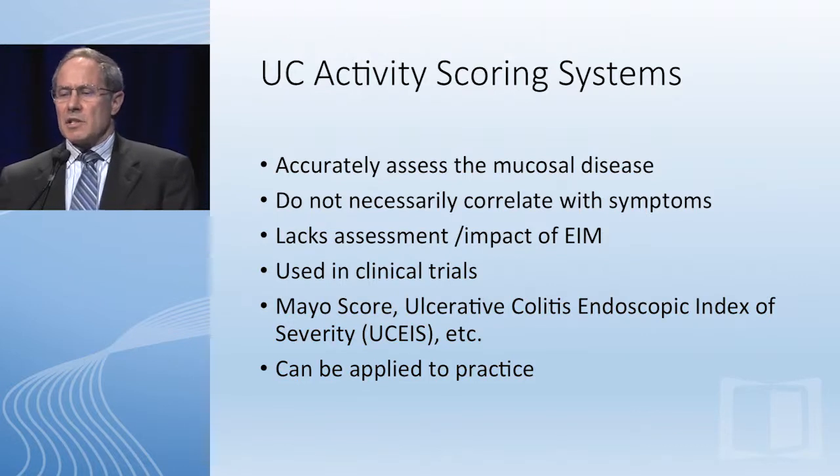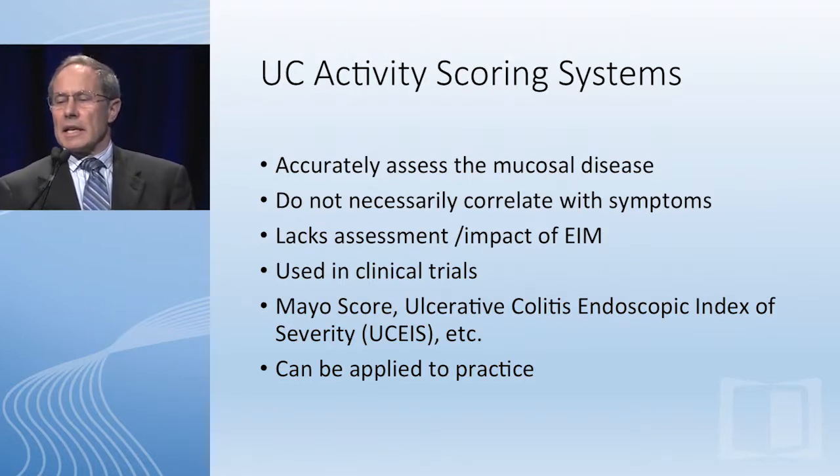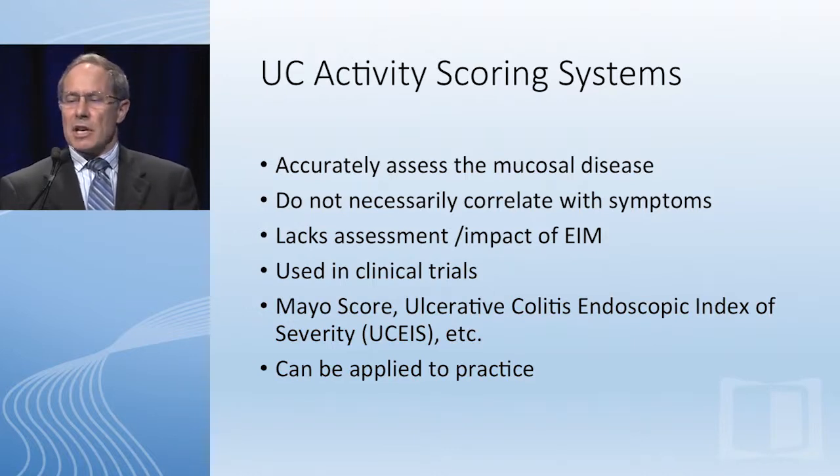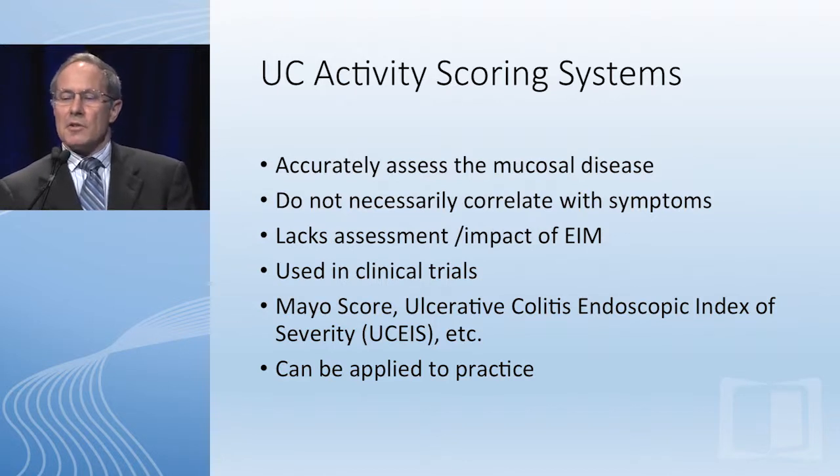Ulcerative colitis activity scoring systems do accurately assess mucosal disease, although again, as Gary suggested earlier, there is some variation in interpretation and difficulty with all of these indices. They do not necessarily correlate with symptoms. They lack assessment of the impact of extraintestinal manifestations, but they are used and are essential in clinical trials.